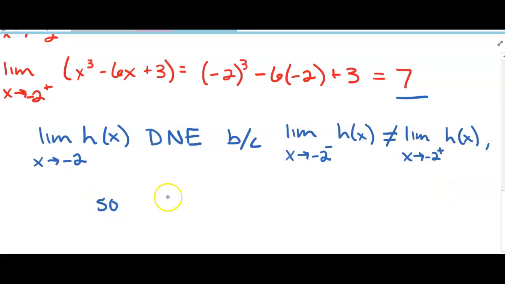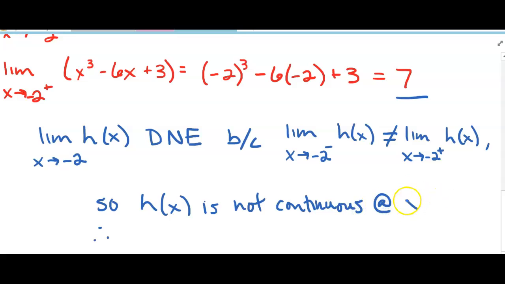So, you could also do those three dots, for therefore, h of x is not continuous at an x value of -2.